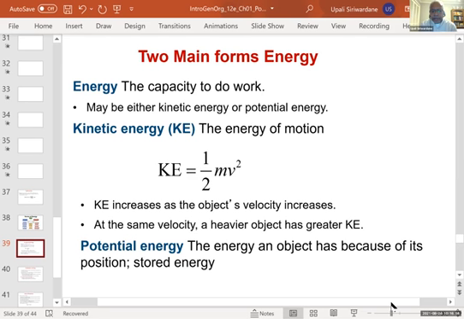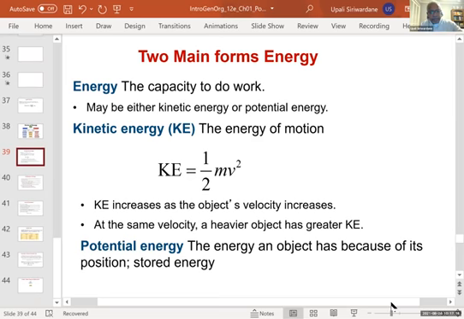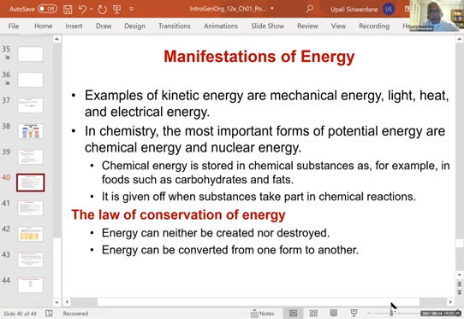In molecules and atoms, especially molecules, potential energy is stored as bonds. So breaking bonds could release that potential energy. So basically two main forms of energy: kinetic energy and potential energy.